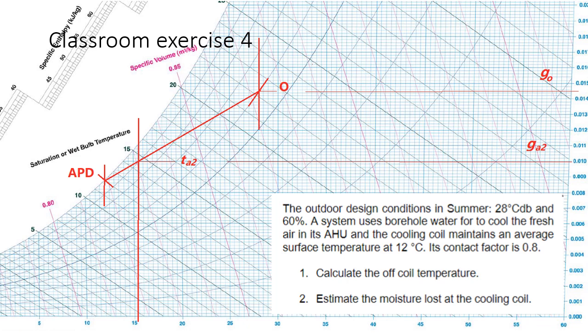Now, how do we draw the 12 degrees? The device we call the apparatus dew point. Sorry, it's not APD, it's ADP, apparatus dew point. Here is 12 degrees and saturated. Now remember, what is the dew point of this temperature?